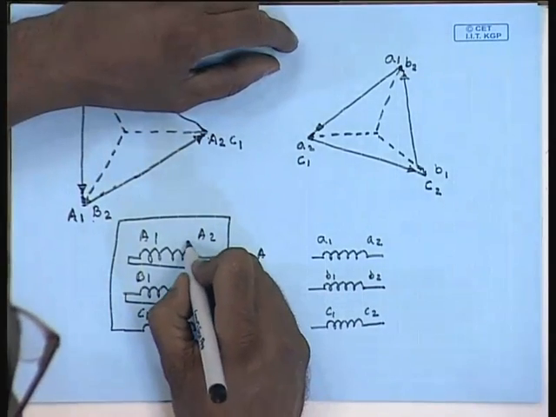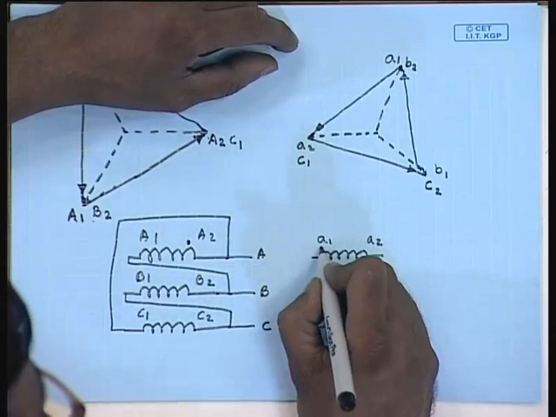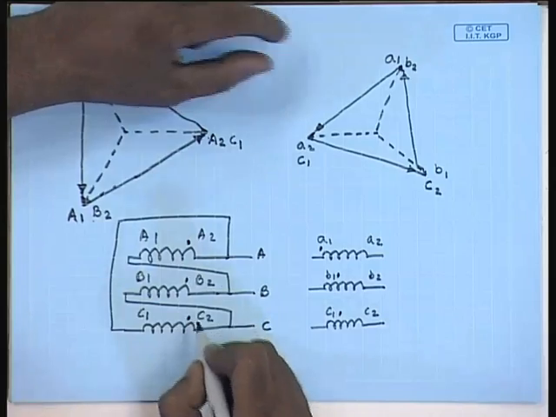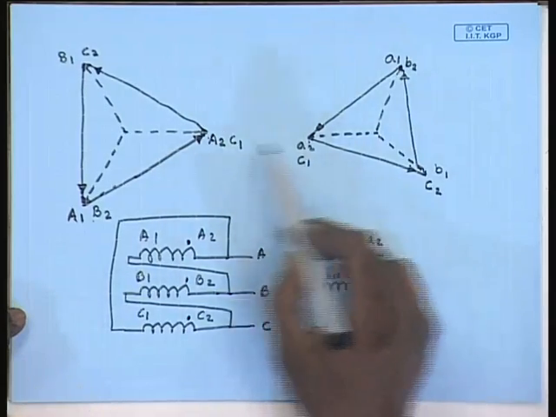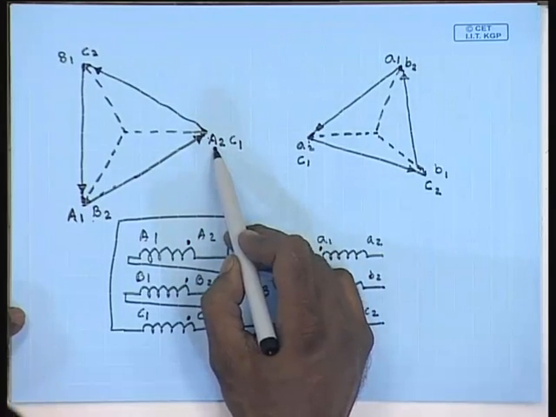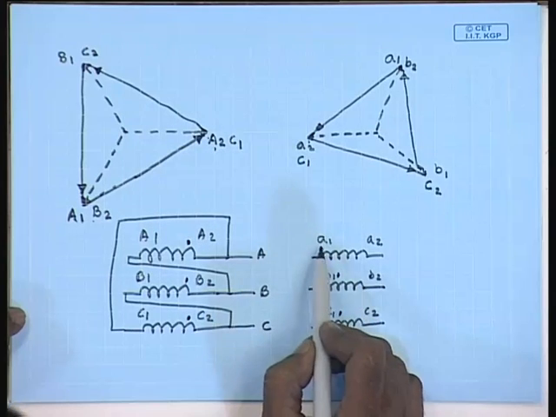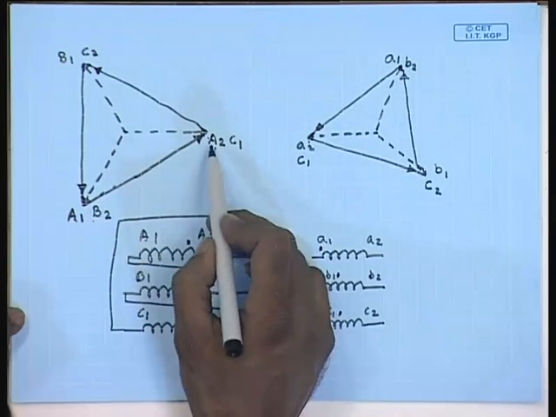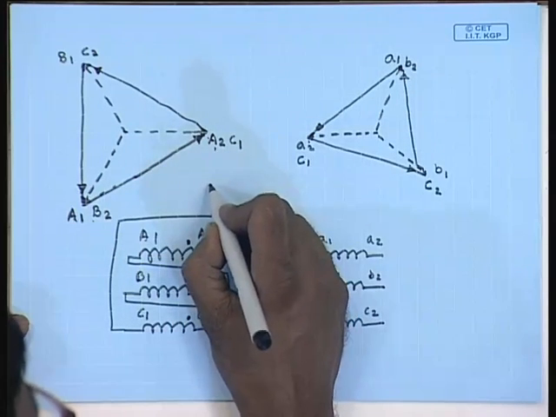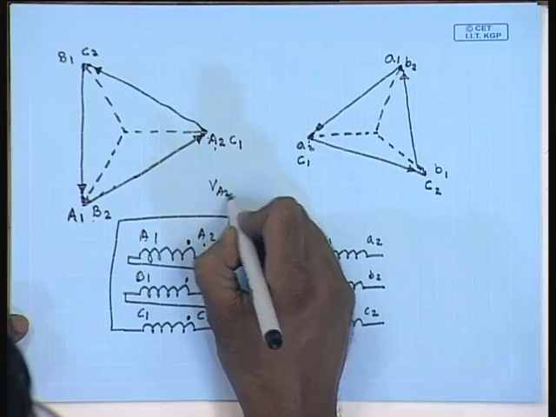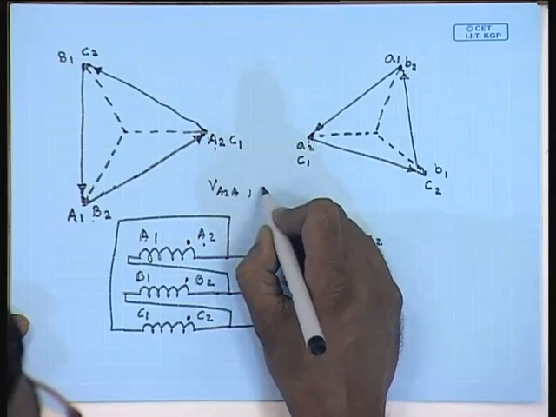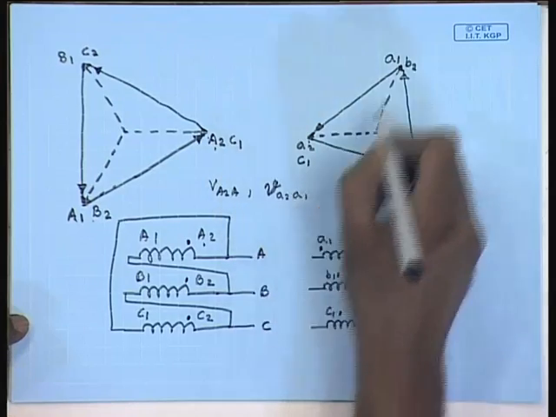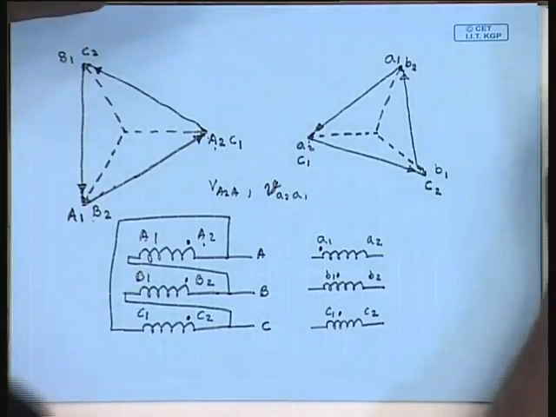However, the dots are now this way. That is, instead of A2 and capital A2 having the same instantaneous voltage, now A1 and A2 should have same instantaneous voltage, because we are seeing that the voltage V A2 A1 and the voltage V A2 A1 should be in phase opposition.